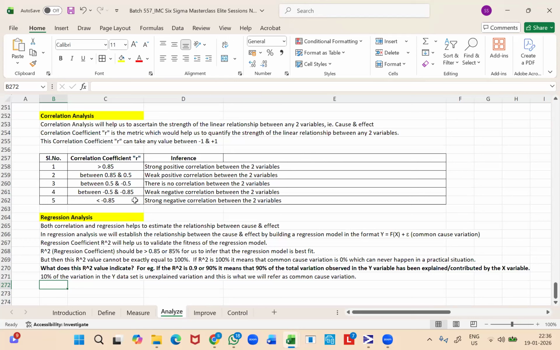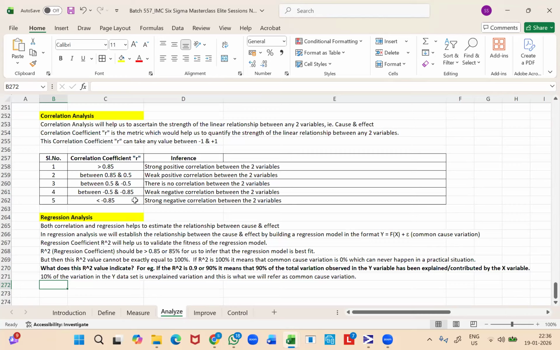And finally, in the analyze phase, we looked at regression analysis. Again, both correlation and regression would help us to estimate the relationship between cause and effect. In case of regression analysis, we will be able to depict the relationship through an equation called regression equation in the format y is equal to f of x plus epsilon.